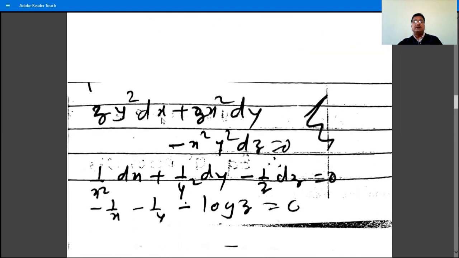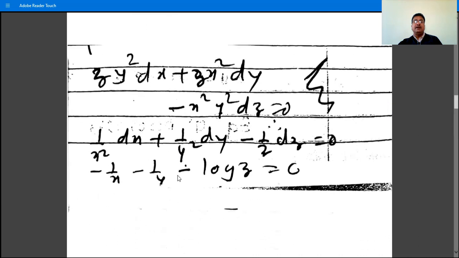So the given equation is this: z y square dx plus z x square dy minus x square y square dz is equal to 0, and then dividing by x square y square z. So we have 1 by x square dx, and here is 1 by y square dy, and here we have 1 by z dz.